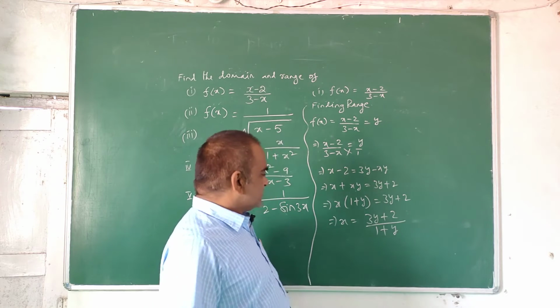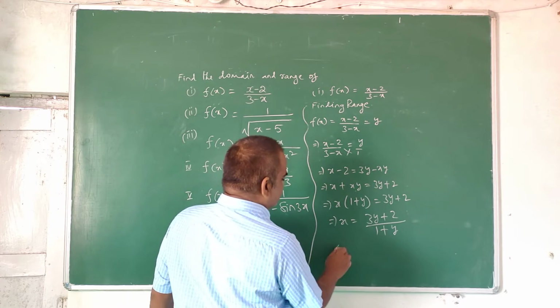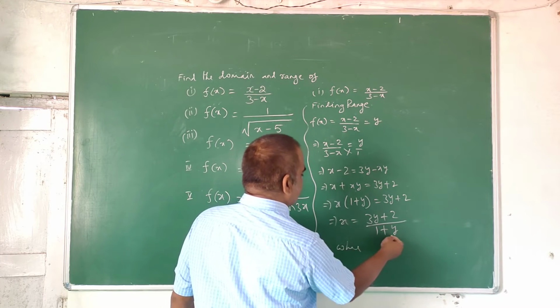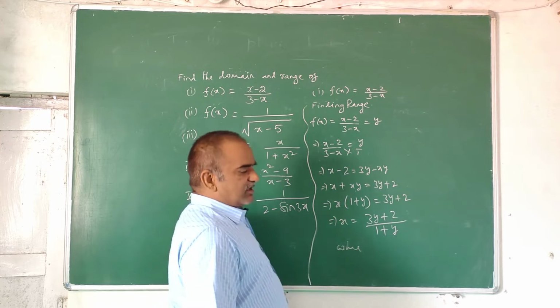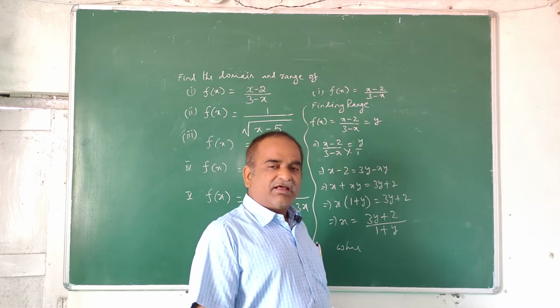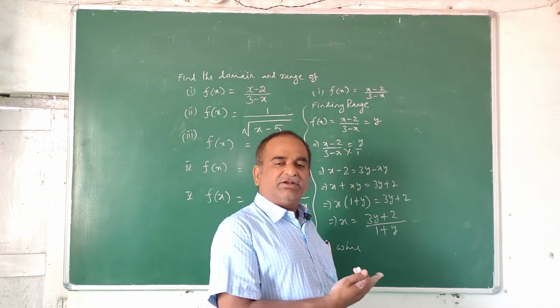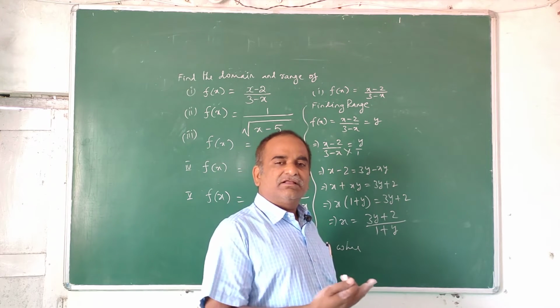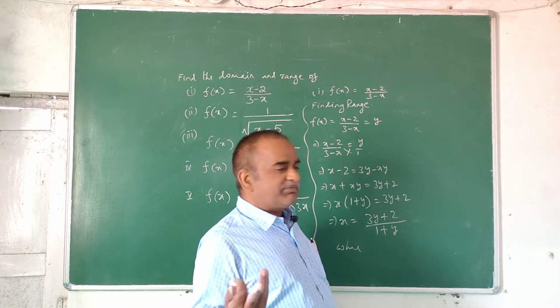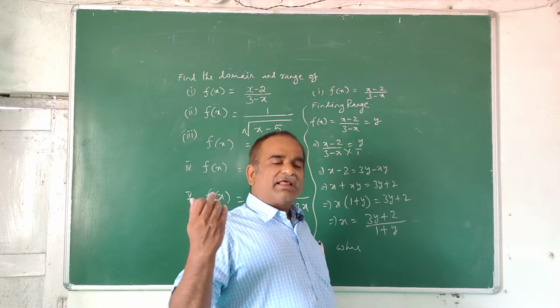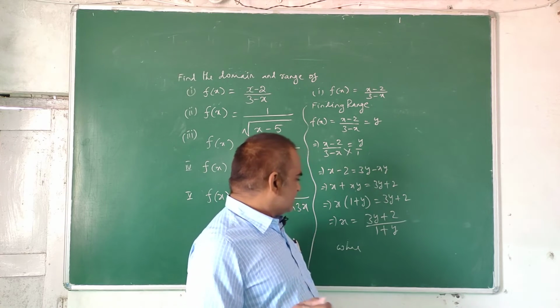Did you understand? Now here 1 plus y should not be 0, because if it is 0, x is undefined. But here we have seen the domain of the function. What is the domain of the function? We have seen R minus 3, so all real values except 3.